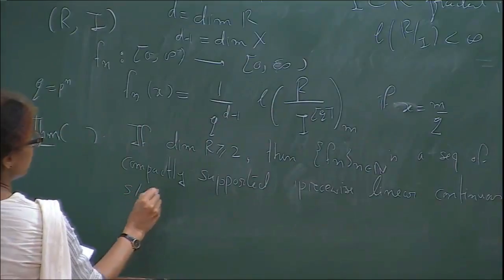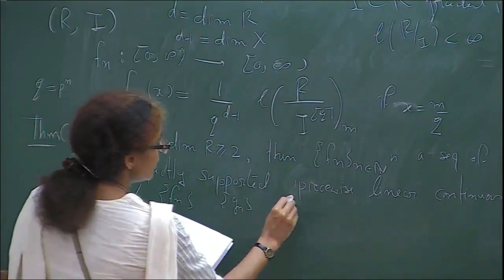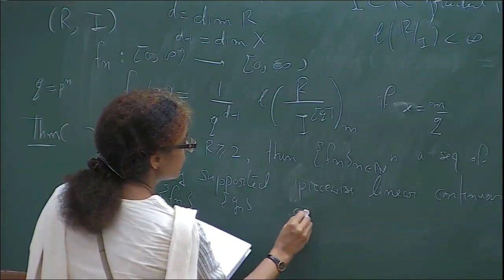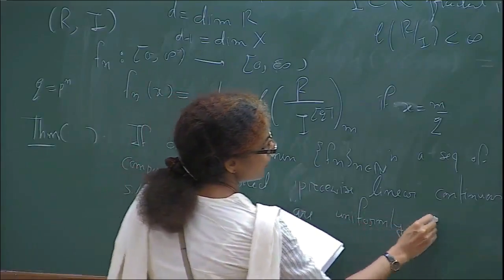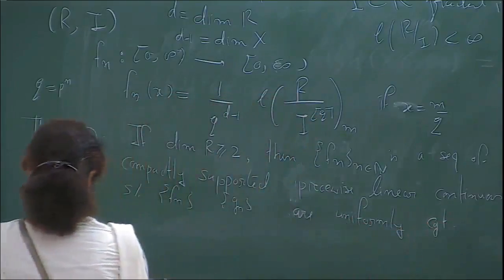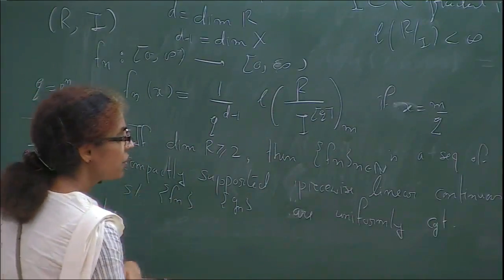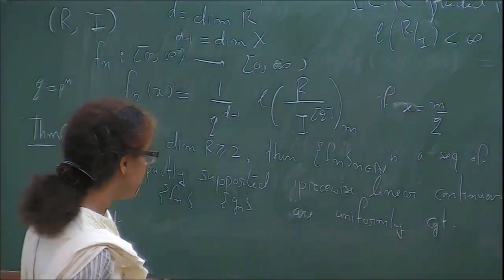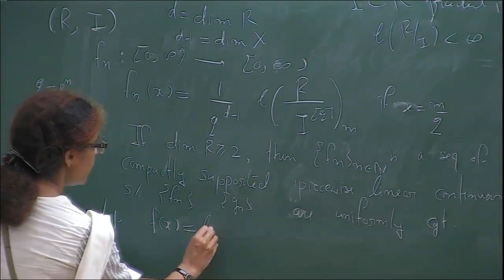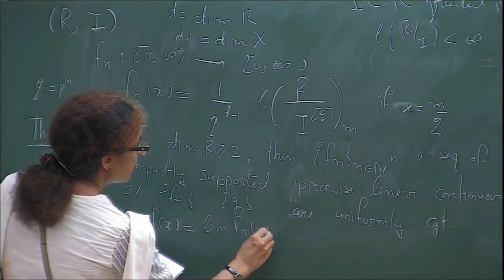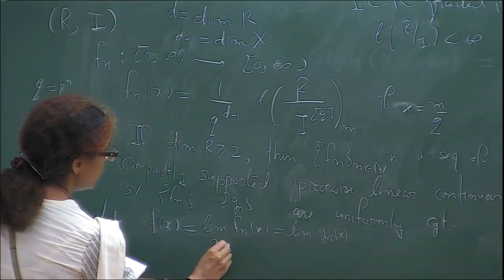Such that if I look at the sequences Fn or Gn, they are uniformly convergent. You can say it's an L infinity norm also. Let f(x) be the limit of this Fn(x), which is the same as the limit of Gn(x), as n tends to infinity.